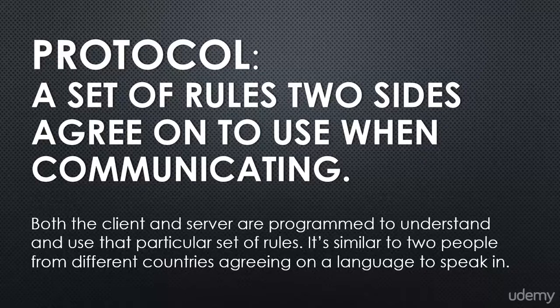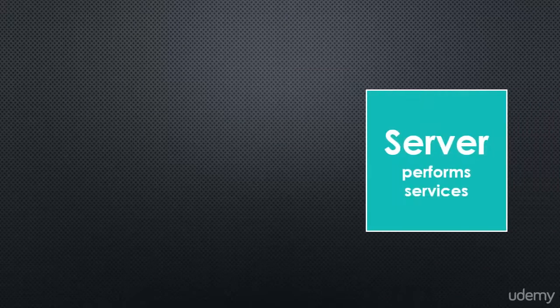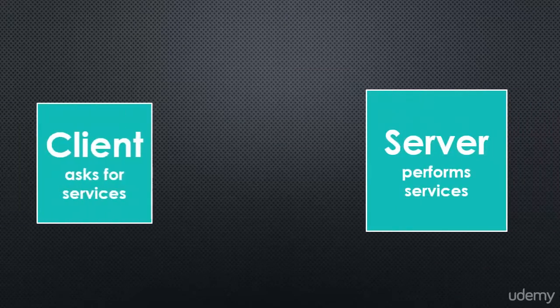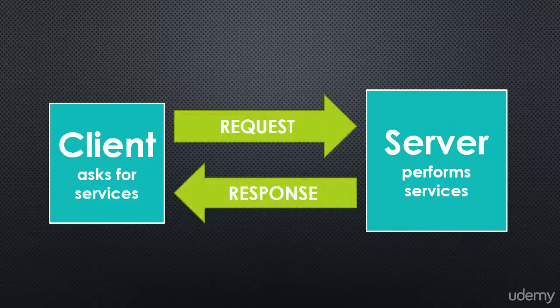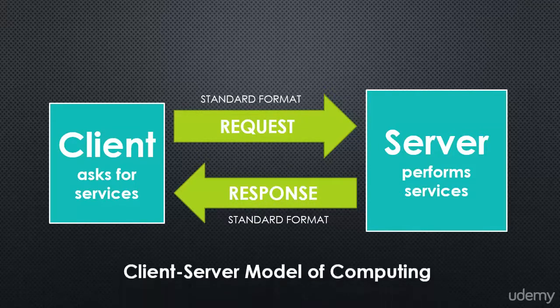Now, what do we mean by TCP/IP in particular as protocols? Well, remember the client-server model of computing. A server performs services, and a client asks for them, probably the browser and web server when it comes to the Internet. And there's a request and a response, and both the request and the response are in a standard format. That's the client-server model.